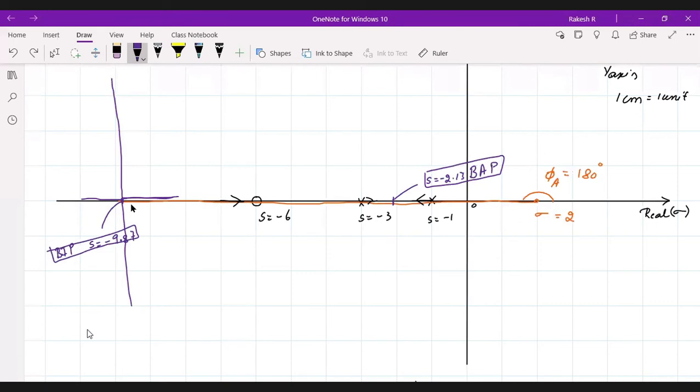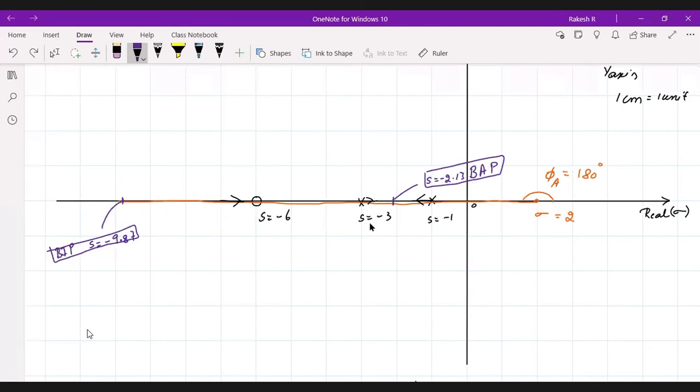See, you need to consider whether we have a pole or 0 in between that. We need to check we have the pole or 0. If we get the roots in between zeros, that means it is a break-in point.